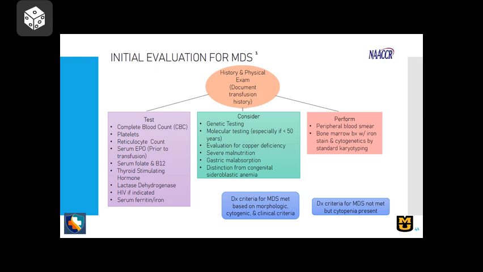They will consider genetic testing, molecular testing, especially if the patient is less than 50 years old. They will evaluate for copper deficiency and gastric malabsorption. They will perform a peripheral blood smear and bone marrow biopsy with iron stain and cytogenetics by standard karyotyping.